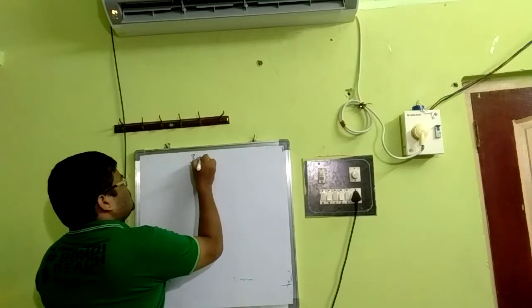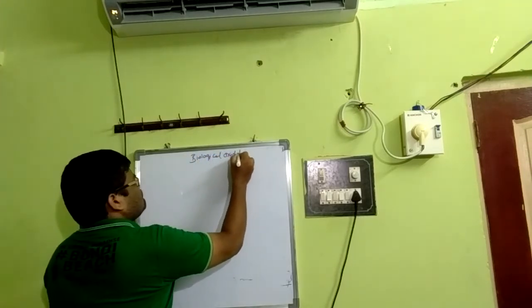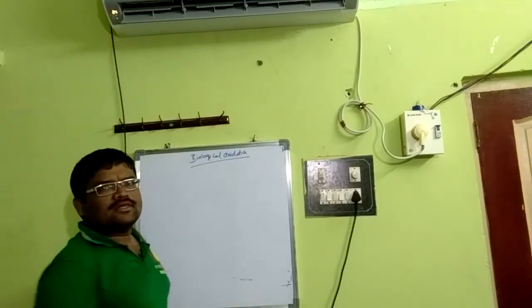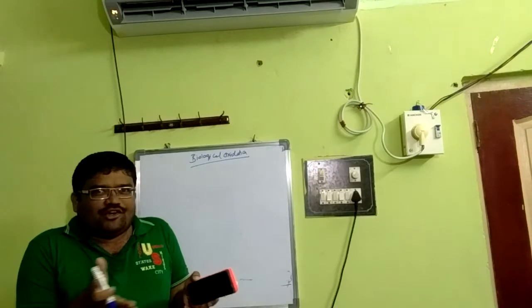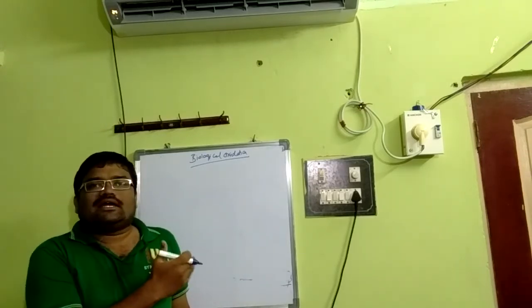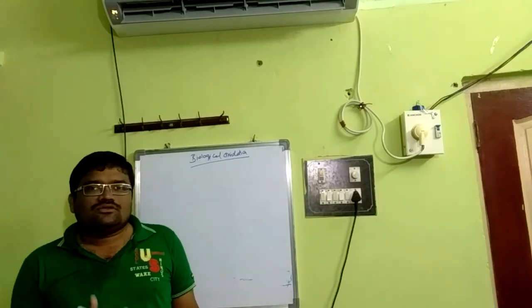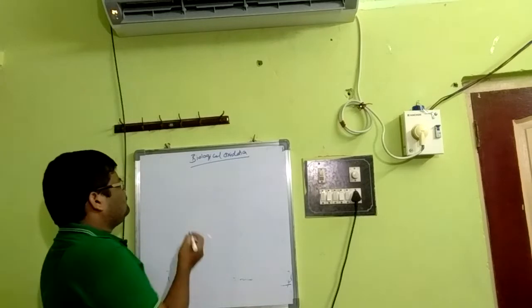Biological oxidation is a coupling, an interlinked phenomenon, that means oxidation and phosphorylation. Electron transport is coupled with ATP synthesis. So what exactly is oxidation, and how does it work?